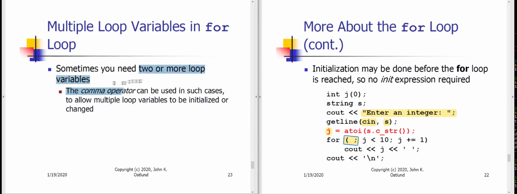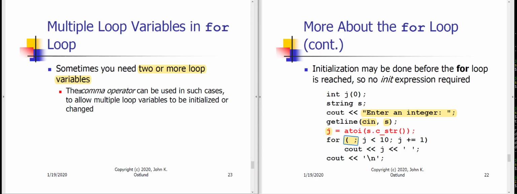Sometimes you need to modify and test more than one loop variable. Since I have just told you that you have to have exactly 2 semicolons in the structure of the for loop, that is, you have the initialization part and a semicolon, the test part and a semicolon, and then the change part, how could you modify 2 or more variables or test 2 or more variables in the for loop?